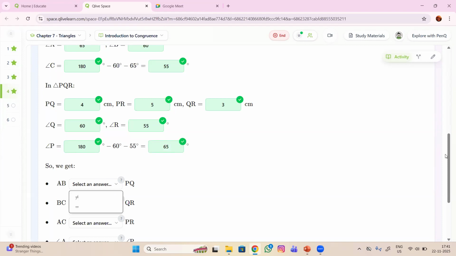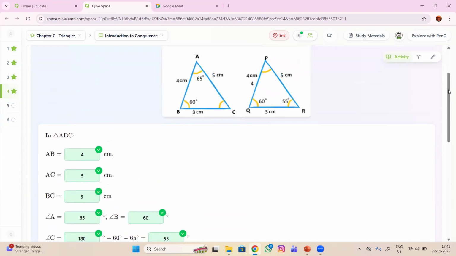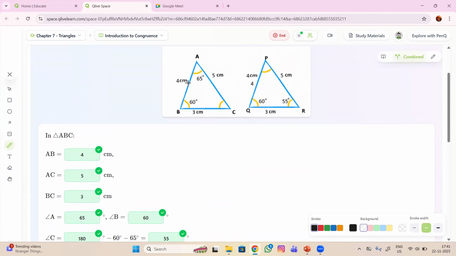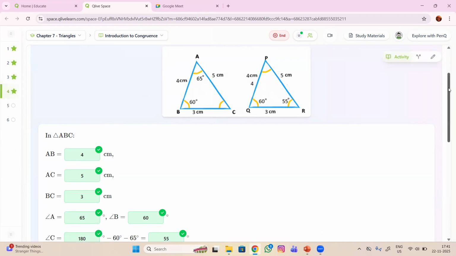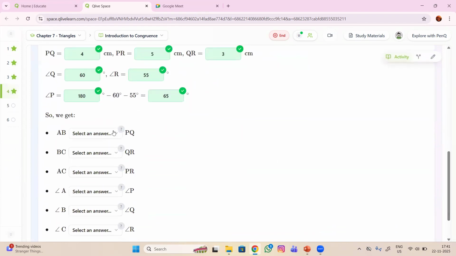So select the answer. Is AB equal to PQ? Look at the figure. Yes, because AB is 4 centimeter and PQ is 4 centimeter. So these sides are equal. Very good. We choose the symbol as equal.